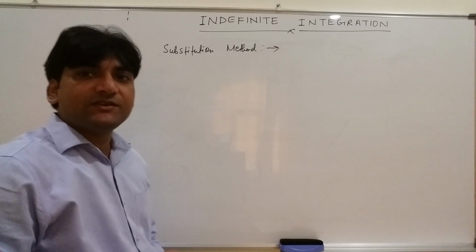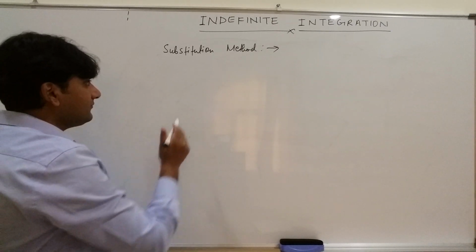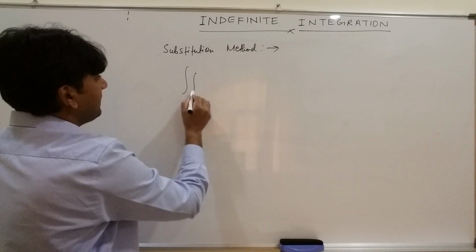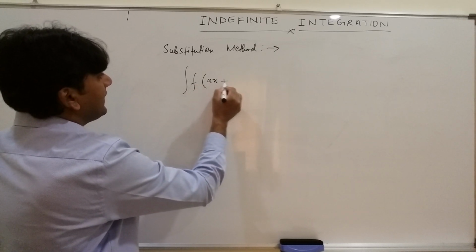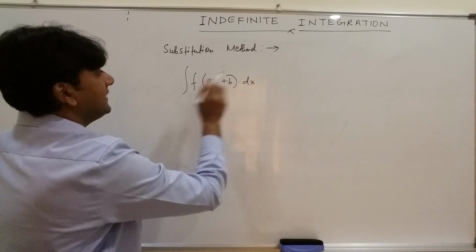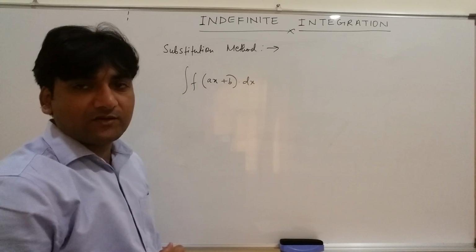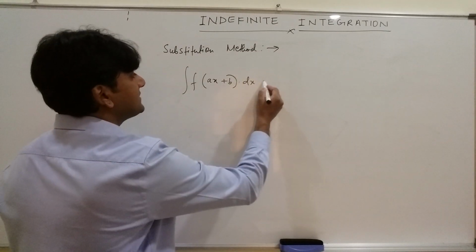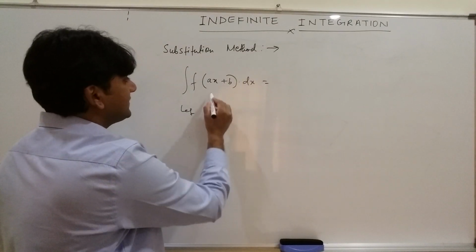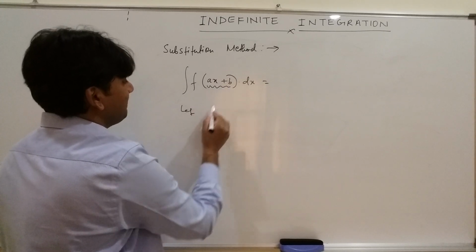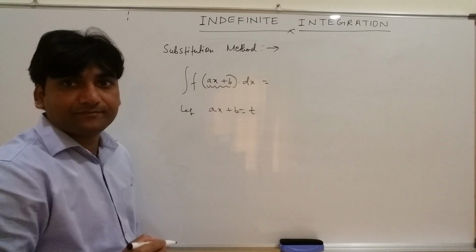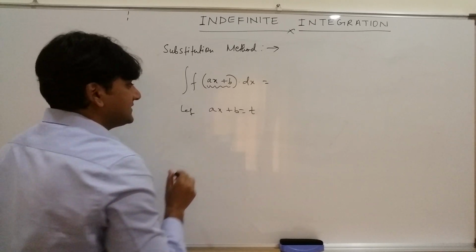Now the substitution method is, for example, we have the integral of f of ax plus b dx, and now we have to integrate this. So how can we integrate, or what will be the integration? Let us understand. Let ax plus b be t.